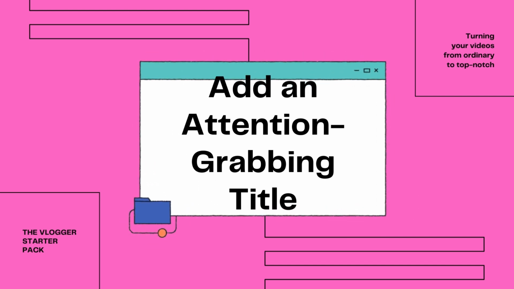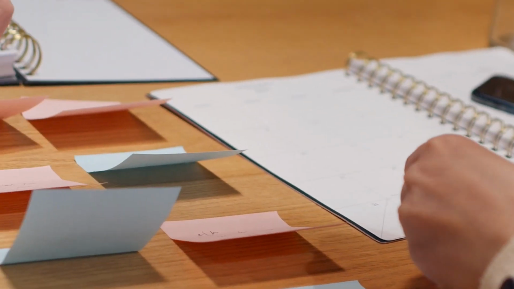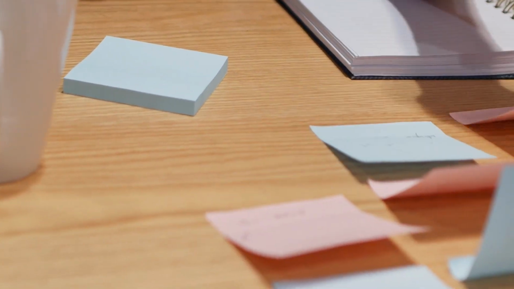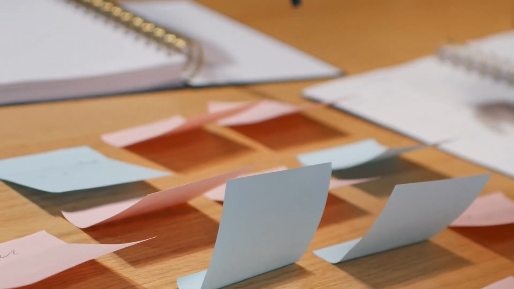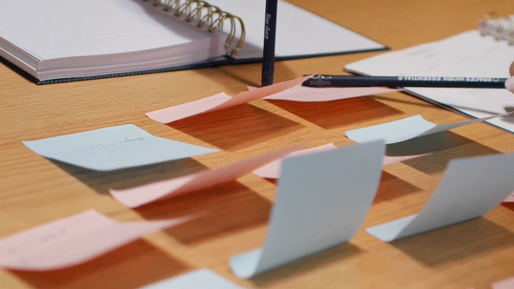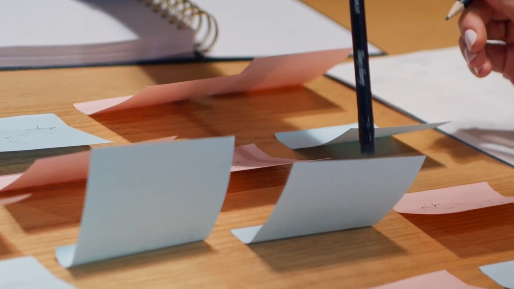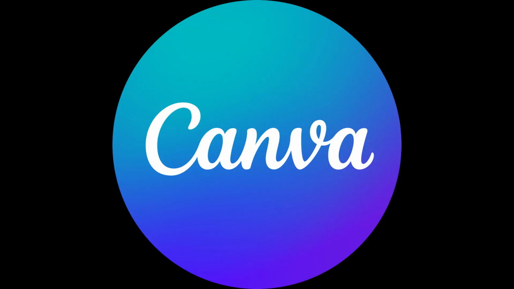Moving on to the second one, add an attention grabbing title. Aside from your design, your title is also a very important thing in your thumbnail. It should be short, descriptive, and bold so that it is easy to read as well.